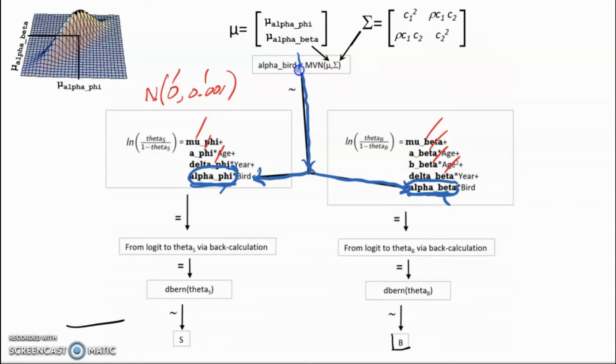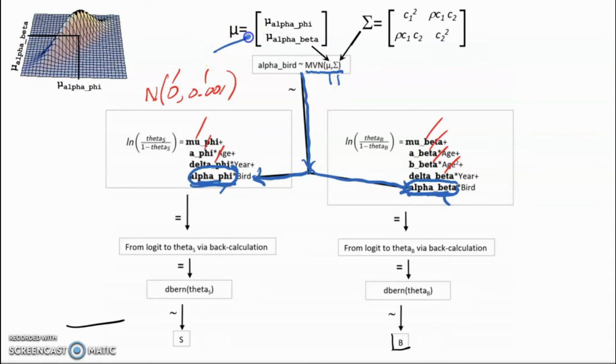We can consider those things together because each one of the individual birds is going to have a pair of values, alpha phi and alpha beta. We consider that pair to be alpha bird, and we can consider those pairs to be drawn from a multivariate normal distribution, in fact, a bivariate distribution with parameters mu and sigma.